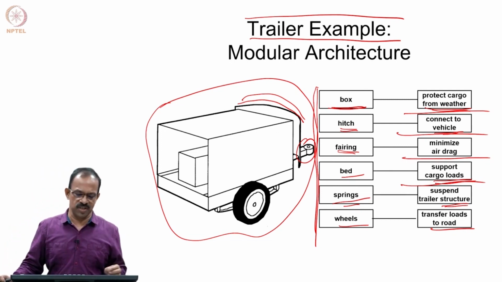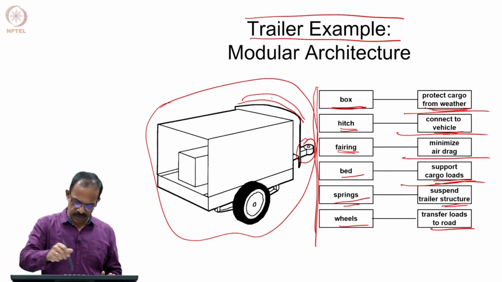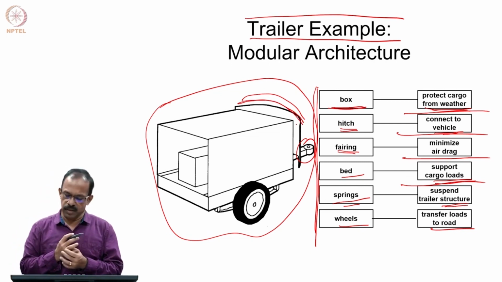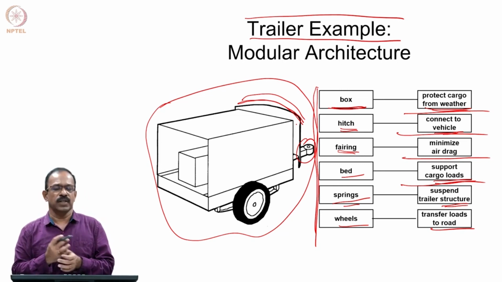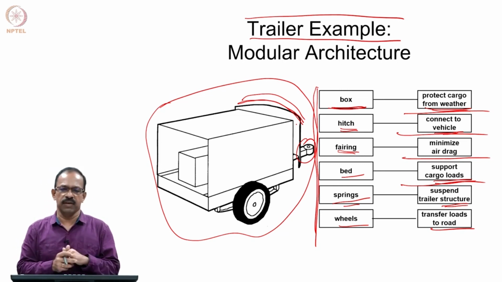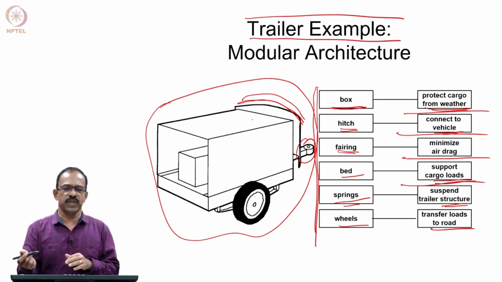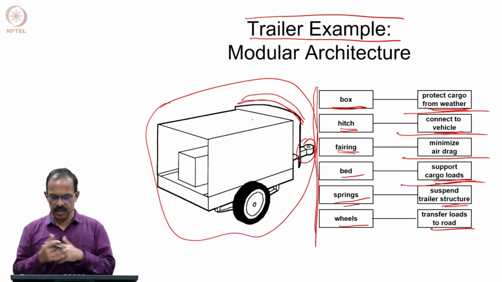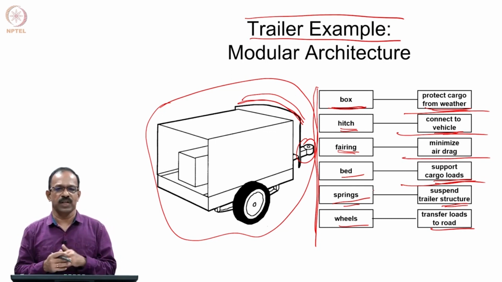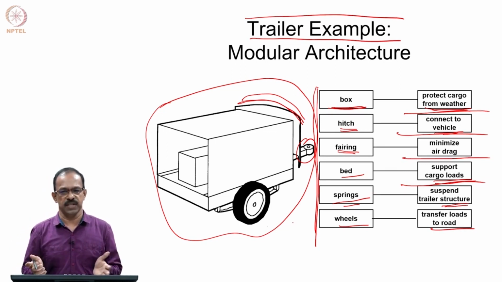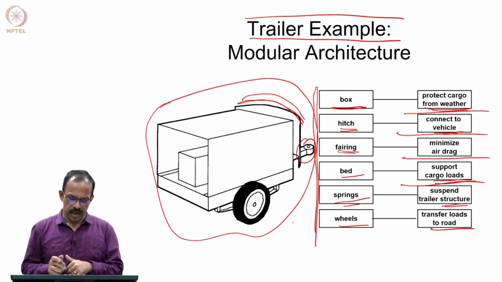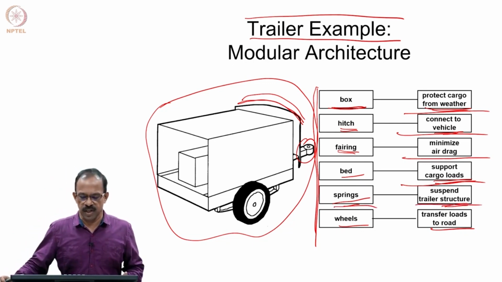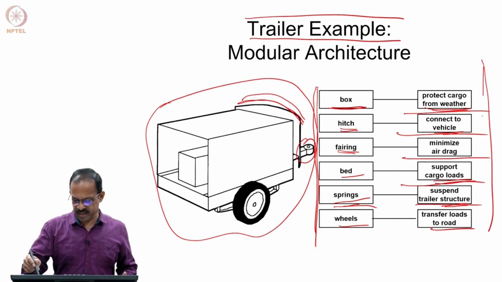Now, if you want to change the fairing, because you feel it is not providing enough air drag reduction, or it is not a critical factor, then you can remove it and put something else there. Similarly, if you feel the suspension part is not doing well, or it needs to be modified for a different application or another product, you can easily change it and get a new product variety in the market. So, that is the modular architecture.